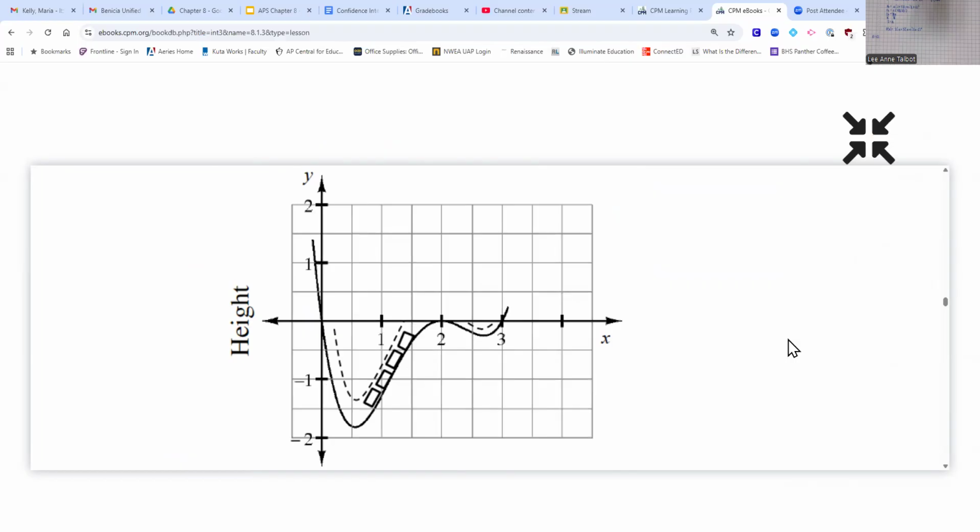The first thing we're going to do is write our equation based off of the roots. Okay, you guys all write y equals. So next to 8-42, write y equals A. Okay. Now we're going to go from left to right. What is this?